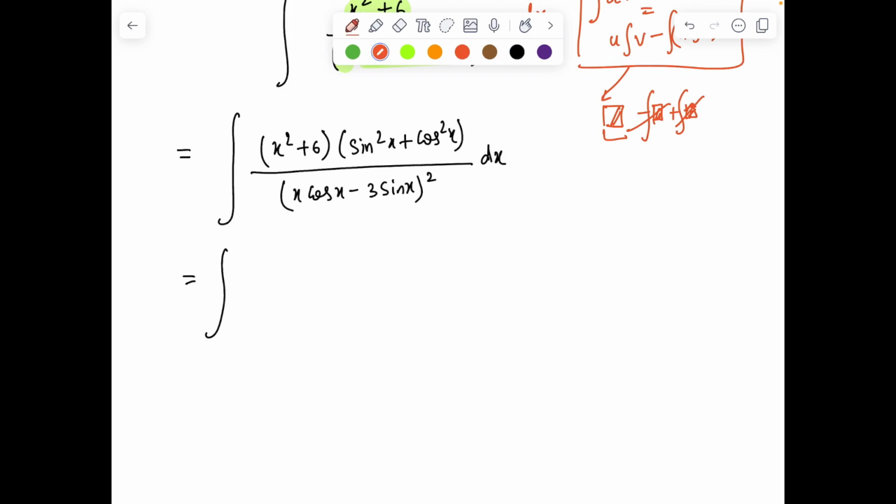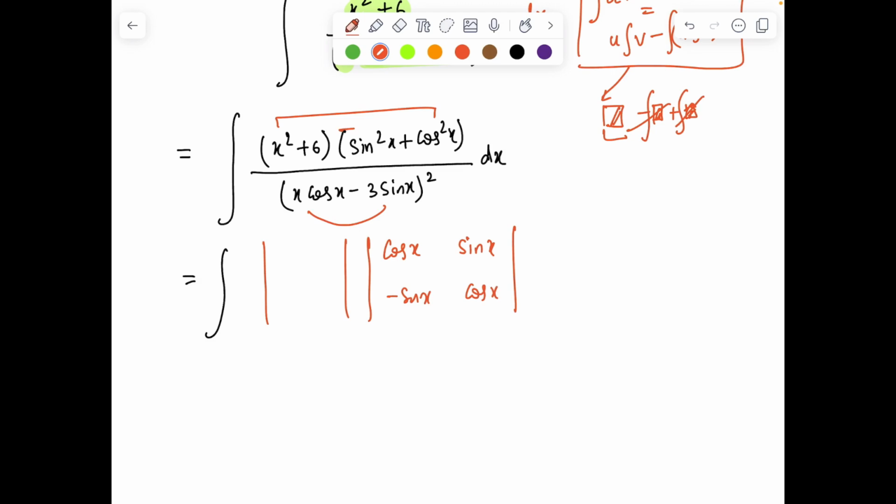And now very surprisingly, what I'm going to do is convert this numerator into a determinant so as to get the hint of the x cos x minus 3 sin x kind of expansion. So x square plus 6, let's wait for that. Sin square x plus cos square x reminds me of a famous rotation theorem that gives cos x, sin x and minus sin x, cos x. So it's a way to split this expression.